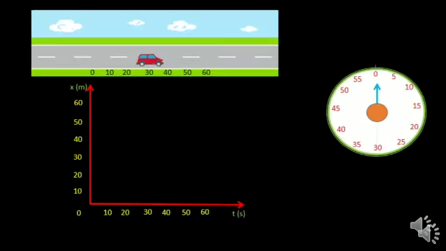When an object is stationary, its position does not change with time. A car is stationary at 30 meter from the origin. The position-time graph will be a horizontal line passing through 30 meter mark on the y-axis and parallel to the time axis.